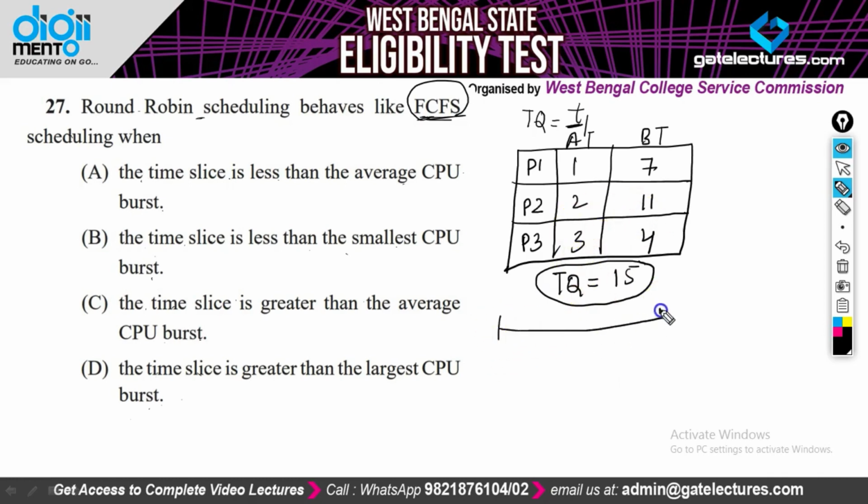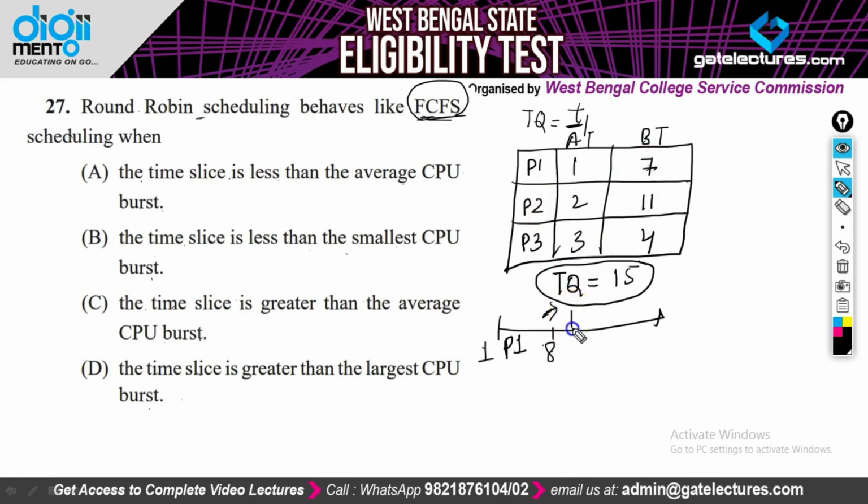Now the Gantt chart will look like this. First P1 came, it will get 15 seconds, but it needs only 7. So it will run from 1 to 8, and then it will go out of the running state, because its requirement for the CPU is now done.